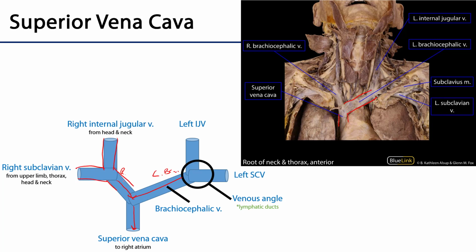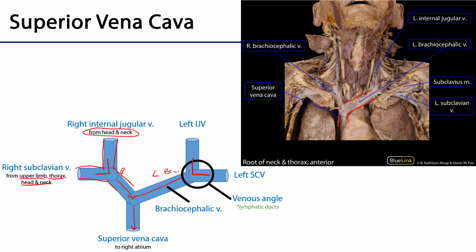Wherever the IJV, returning blood from the head and neck, meets the subclavian veins that are returning blood from the upper limb, the brachiocephalic vein is formed. This area where these veins come together is known as the venous angle. So there's a left and a right venous angle.